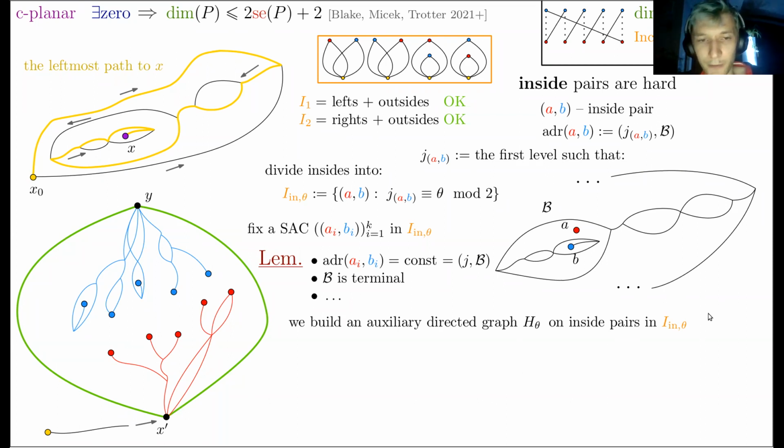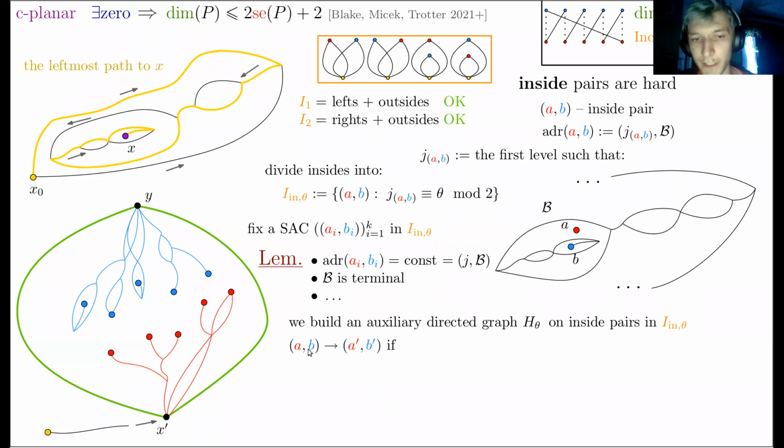I hope it's not going to be very vague, but we take these pairs, which we know are hard, and we build an auxiliary directed graph, which we call H theta, on inside pairs in this hard set. How do we build this graph?